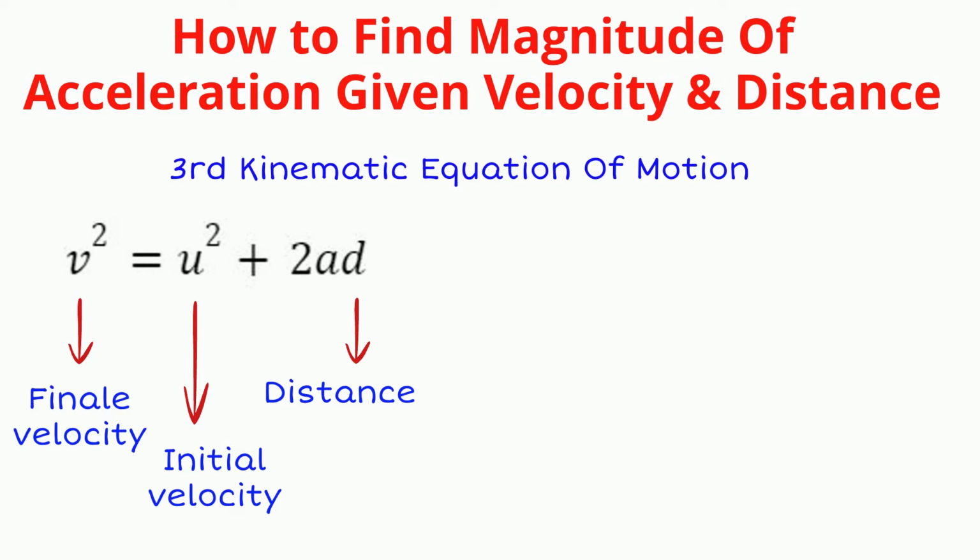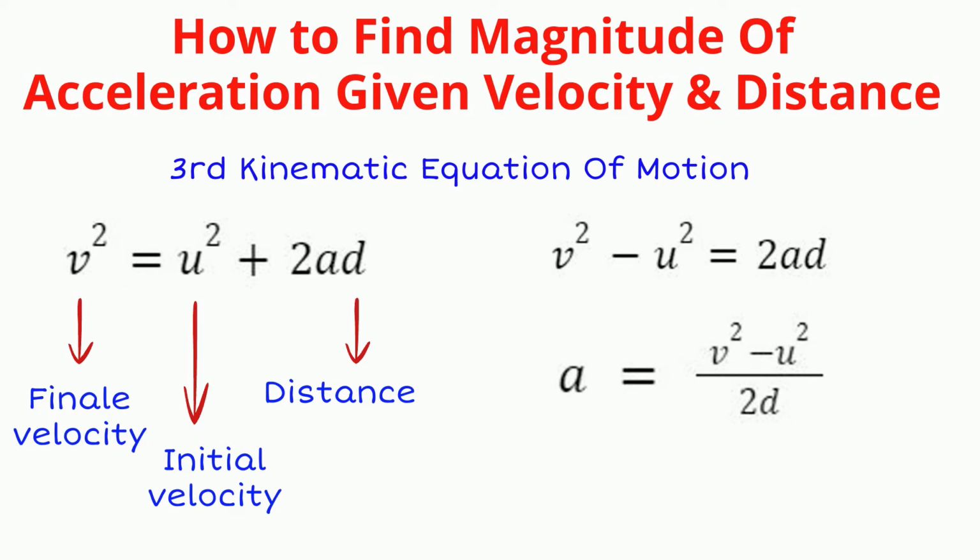Thus we can write v square minus u square is equal to 2ad. Making the acceleration the subject of equation, we get acceleration a is equal to v square minus u square upon 2d.